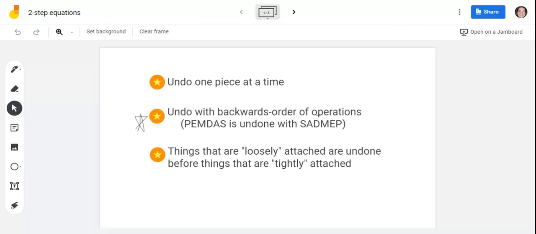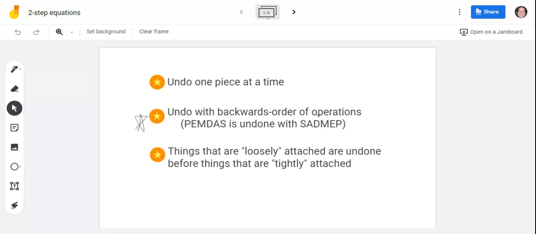So subtraction and addition will always be undone first, then multiplication and division will be undone. Another way that you can think of this, and if I had people in front of me, I would have you act this out: things that are loosely attached, and I've used that word attached several times in our equation unit, things that are loosely attached are what get undone first, and things that are tightly attached get undone later.